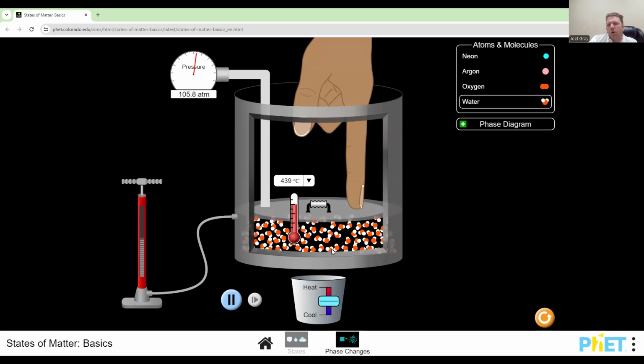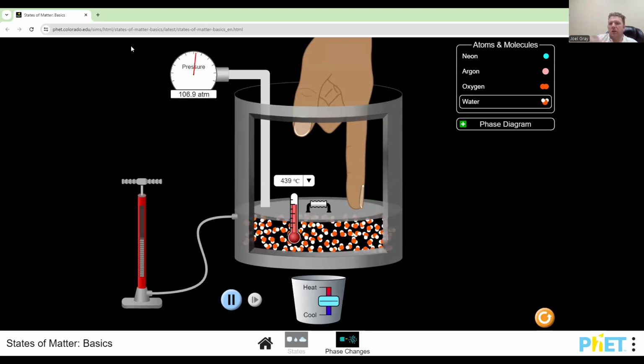And what do you notice about all of the different molecules of my water? Well, the motion of all of them increased dramatically. Now, did the space increase? Well, not really, because I limited the space that they could have. So what I did was I took something at a low temperature, I increased the pressure.